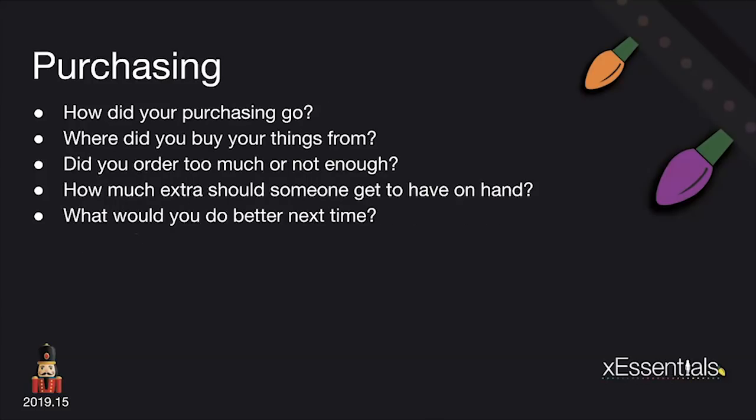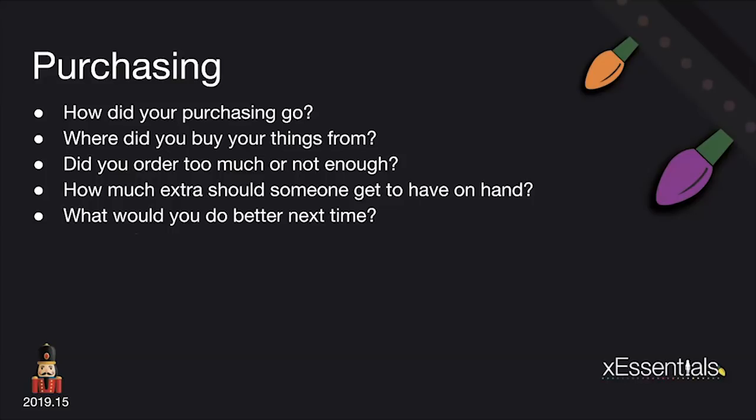So, purchasing. We talked a little bit about planning things and getting ideas and going forward. Once you get that stuff planned out, how did your purchasing go? I've been very transparent about my first year. I overbought a lot of unnecessary stuff and underbought a lot of necessary stuff. That was a battle for me that I've learned from.